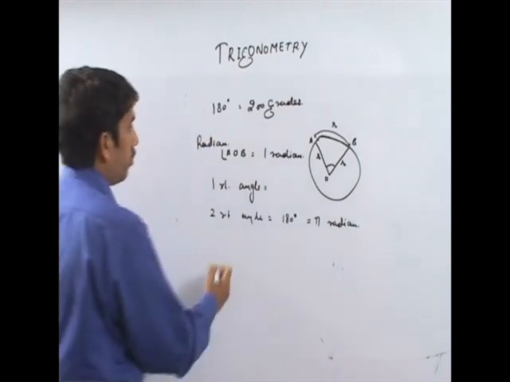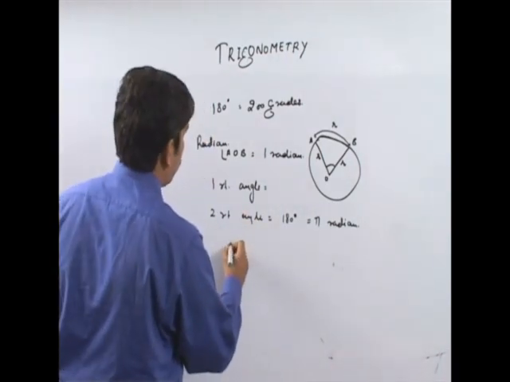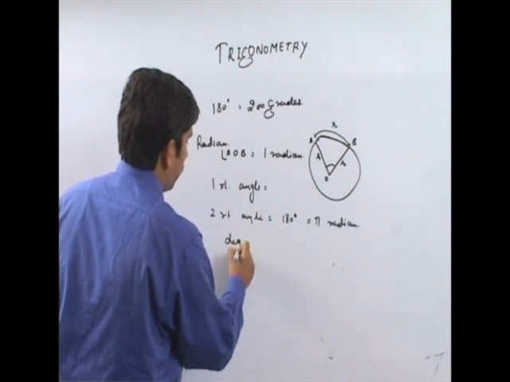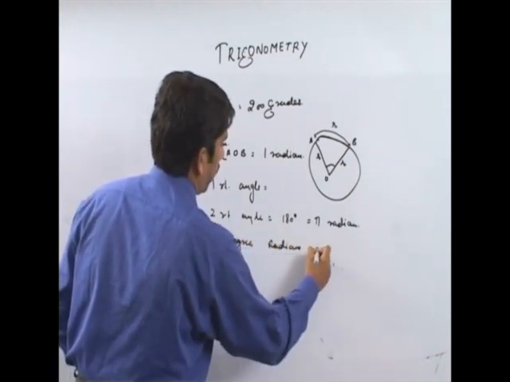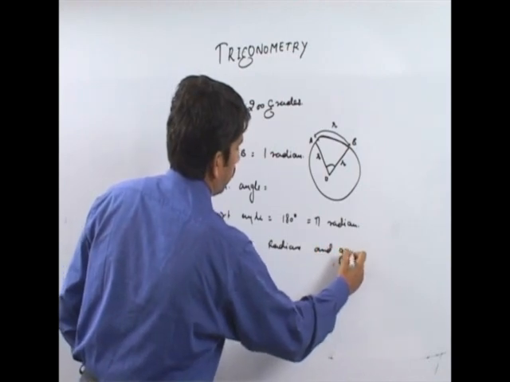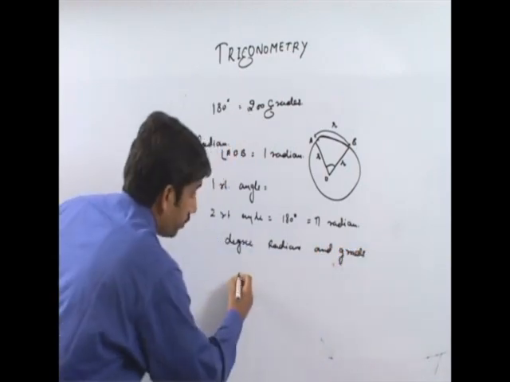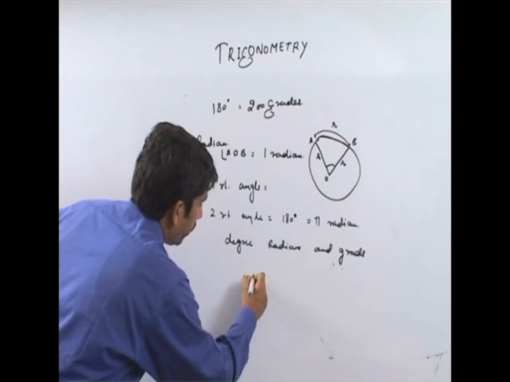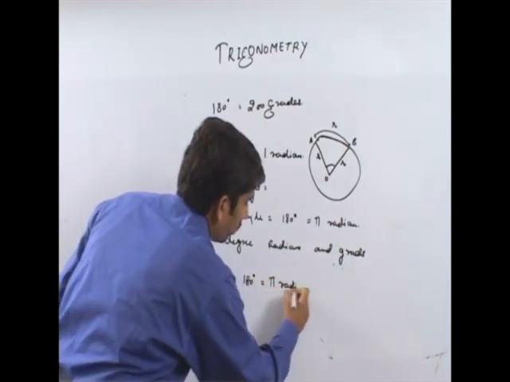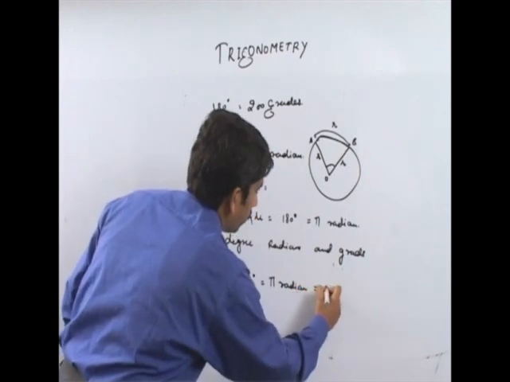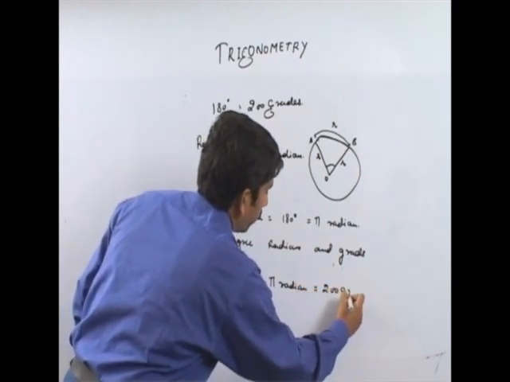Thus, we can draw a conclusion, a relationship between degrees, radians and grades. That is, 180 degrees is equal to pi radians is equal to 200 grades.